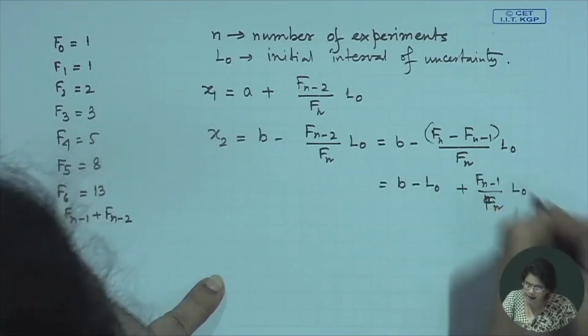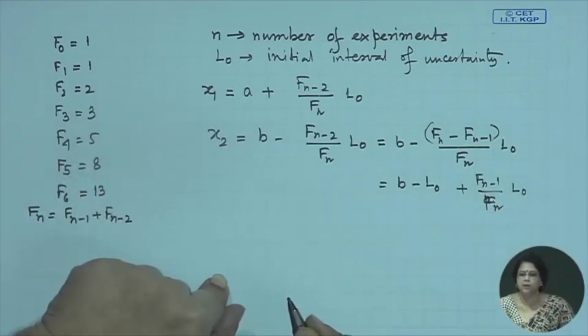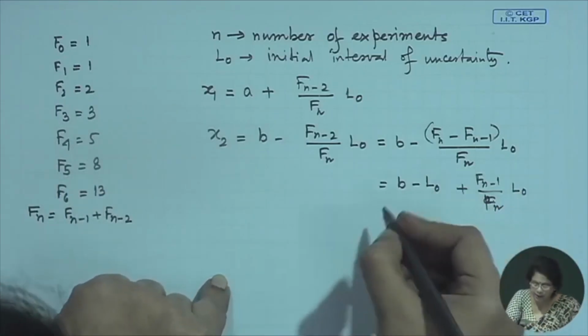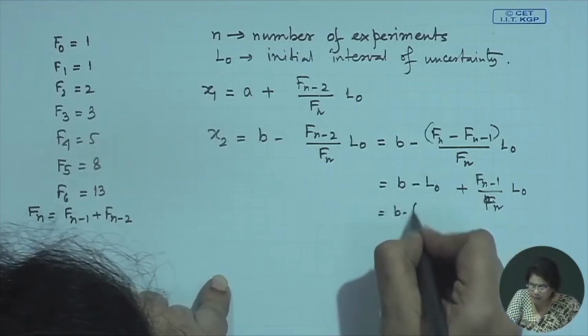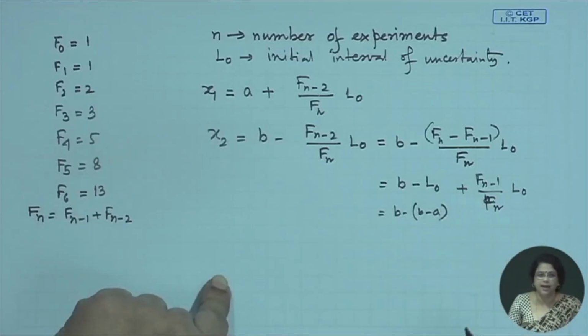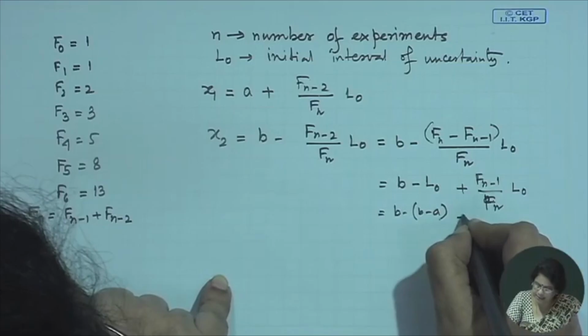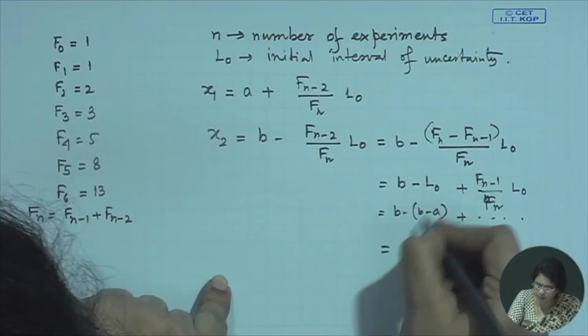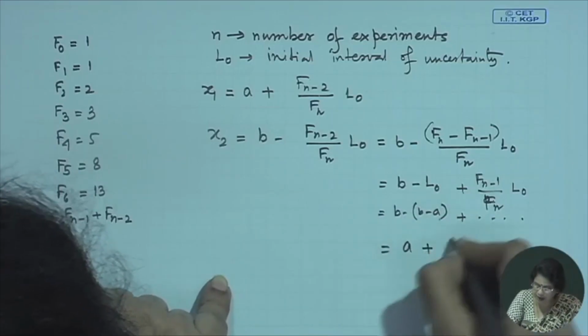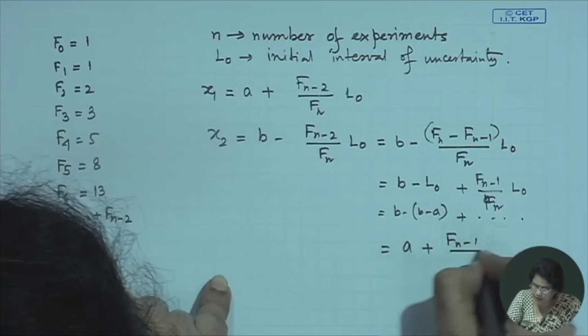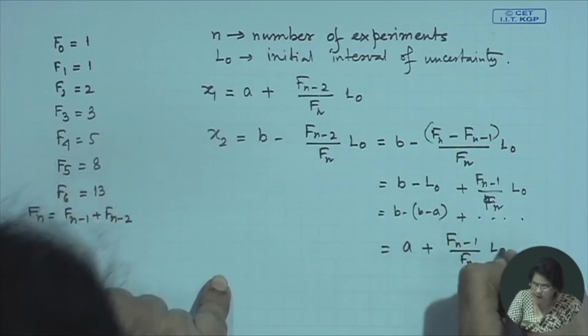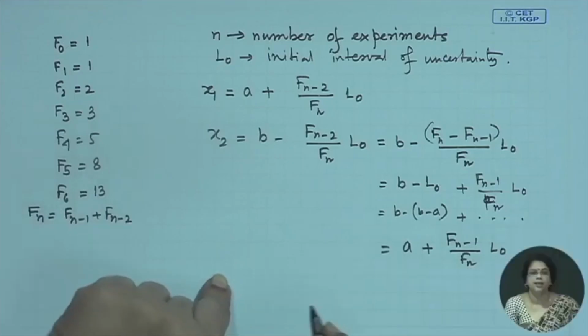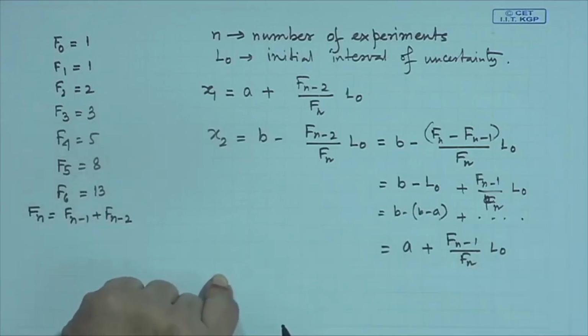What is my b minus L naught? L naught is equal to b minus a, plus this term. That is why the b's will cancel, I will get a plus Fn minus 1 by Fn L naught. Did you get the beauty of using the Fibonacci number?